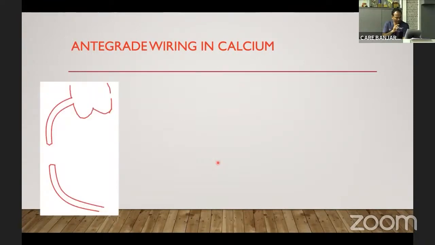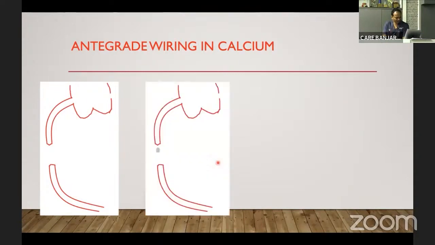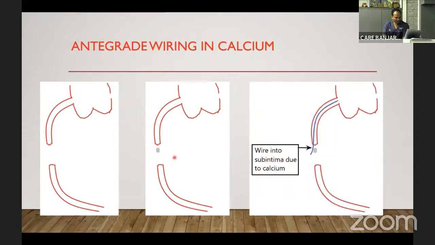So what happens when there is calcium within the CTO? Calcium spoils your antegrade or retrograde, any PCI. If a bunch of calcium is sitting in the CTO, what exactly happens is it deviates your wire to the subintimal space or extra plaque space.